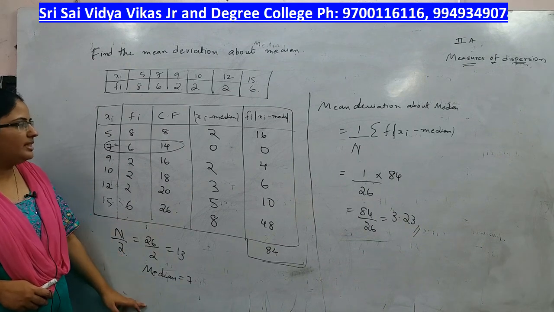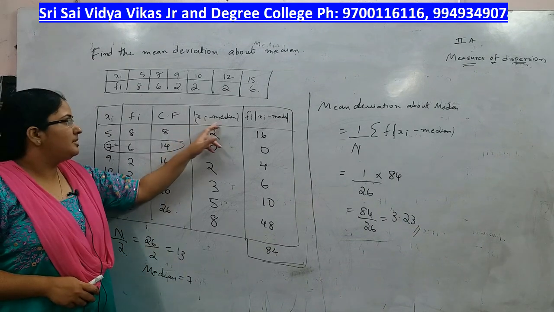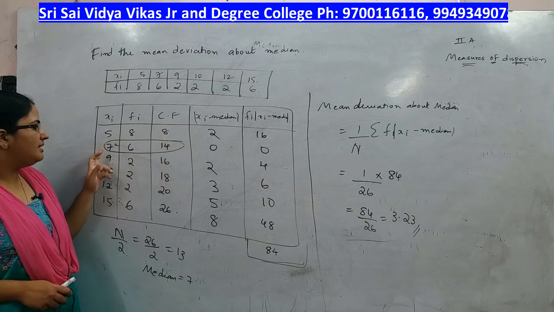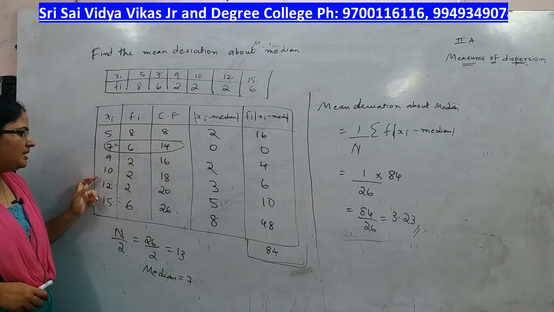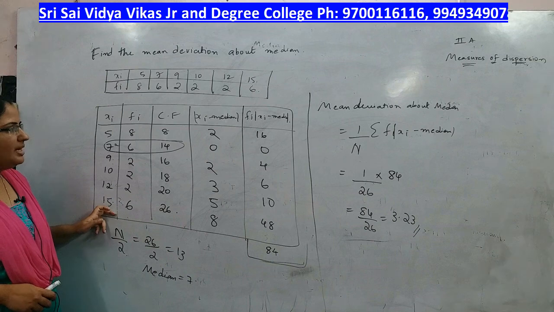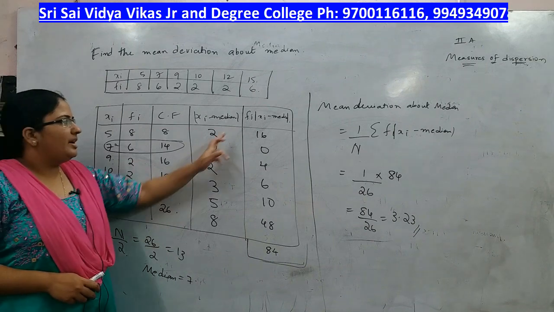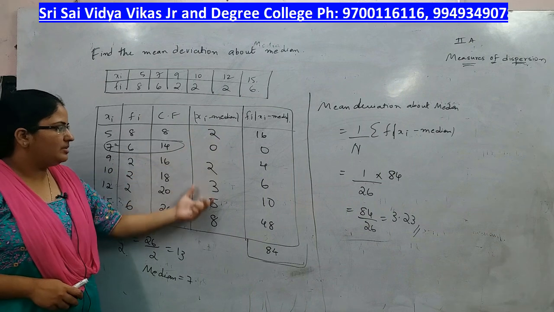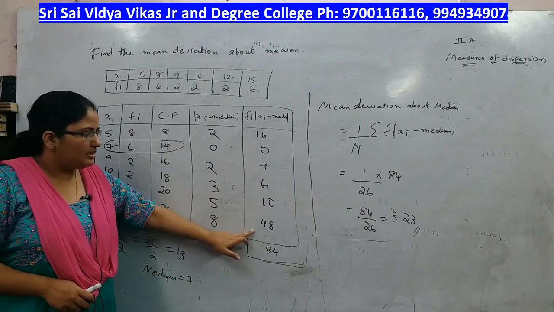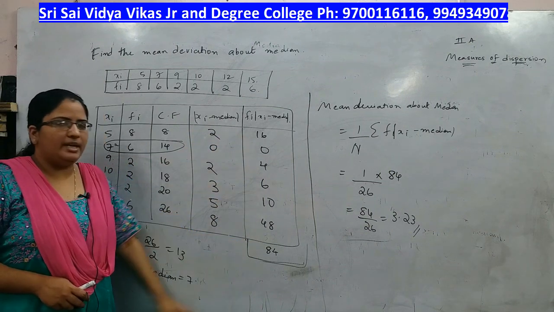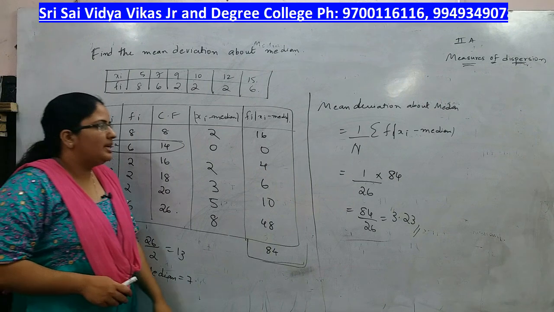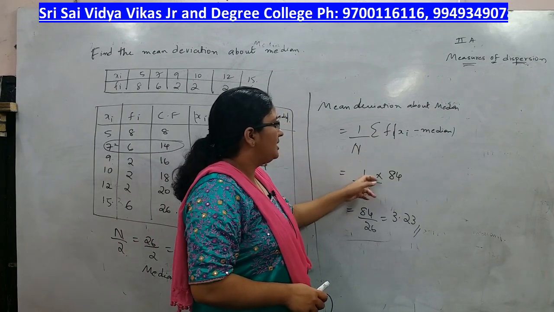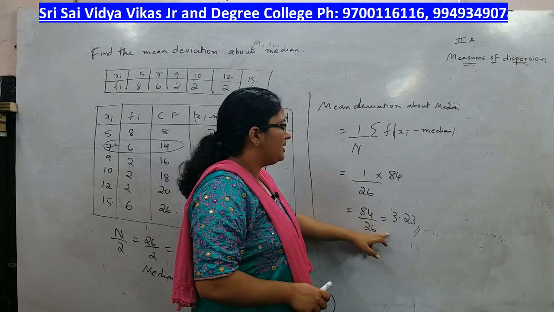Once you get the median, you have to find xi minus median: 5 minus 7, 7 minus 7, 9 minus 7, 10 minus 7, 12 minus 7, 15 minus 7. Next you have to find fi into xi minus median. These values into these values. So you get these values. If you add this, you will get 84. So our formula is 1 by n summation f into xi minus median, 1 by 26 into 84, that is 84 by 26, which is 3.23.